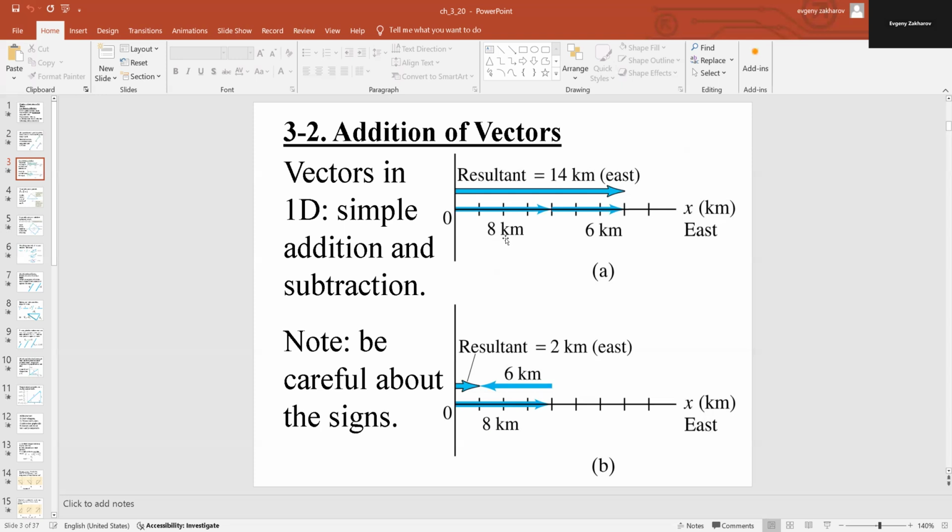Consider just 8 units in a certain direction. And then you have another vector, another, say, displacement of 6 units, also due east. What would be the result of adding those two vectors? Well, you say, hey, tip to tail, you go all the way to 8, then you go 6 more, and the result should be 14, and the direction is due east.